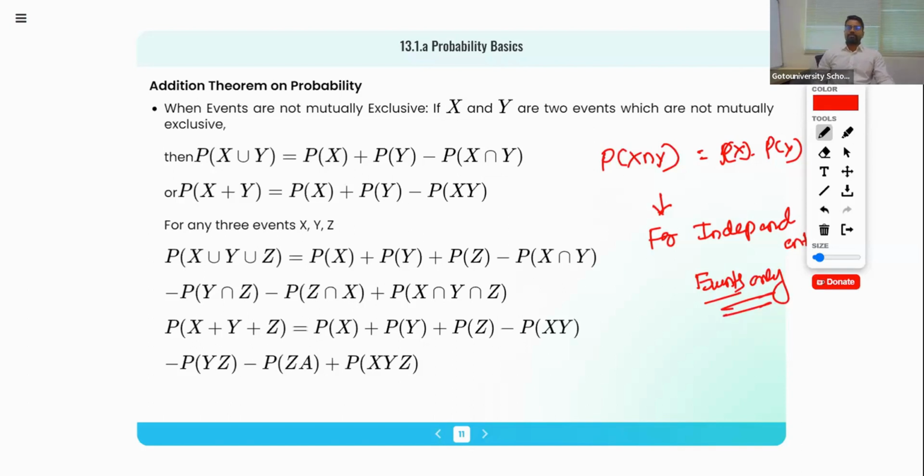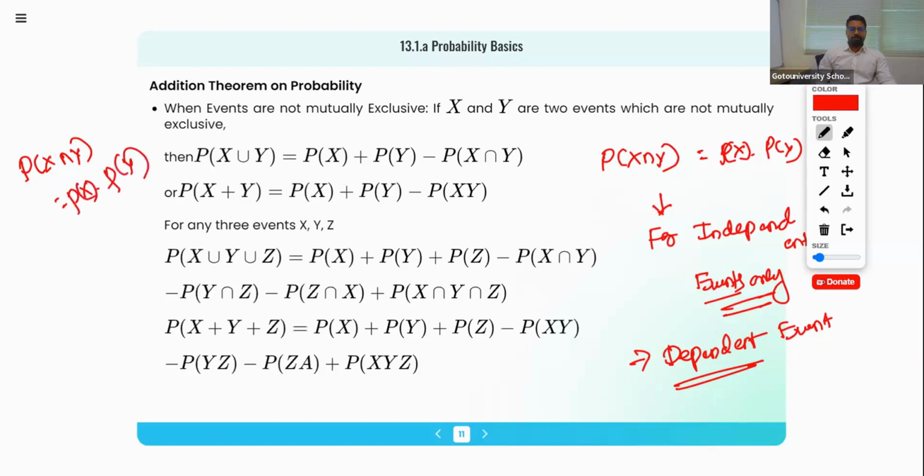That means there is something different for dependent events. That is the main crux of today's class. We are going to discuss how to deal with dependent events. For independent events only, we use this formula: probability of X and Y can be written as probability of X into probability of Y.